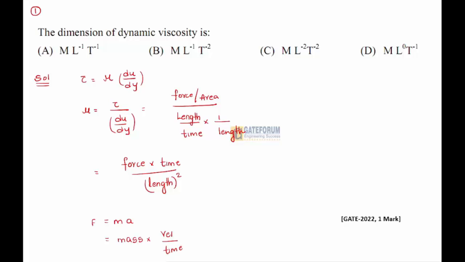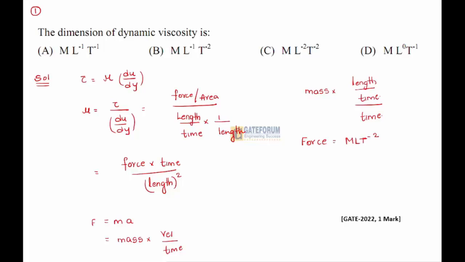That is mass into length by time, I can write mass into velocity is length by time. So obviously, what will be the unit of force here? M L T power minus 2, right?